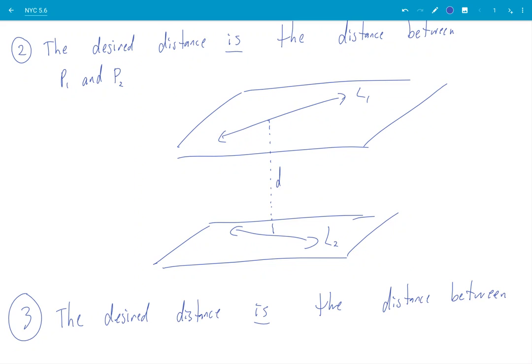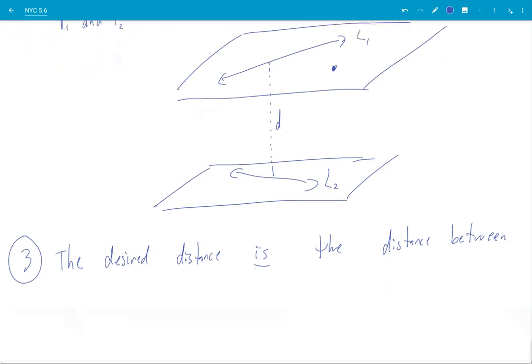Well, what I can do is just take a point, any point on one of the planes, say P1, and find the distance between this point here and the plane down here. So this reduces to finding the distance between a point and a plane.